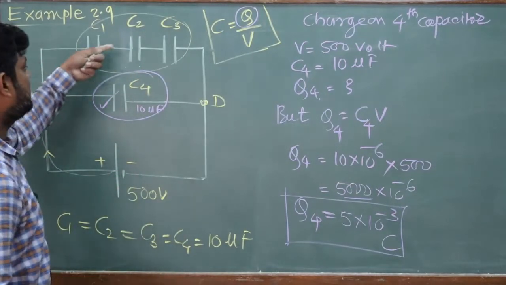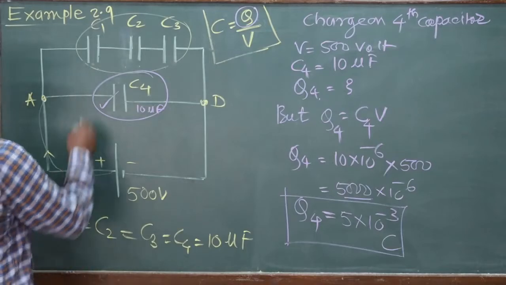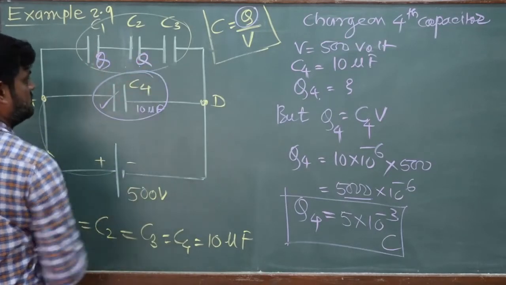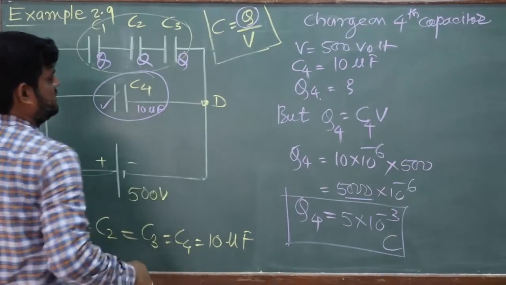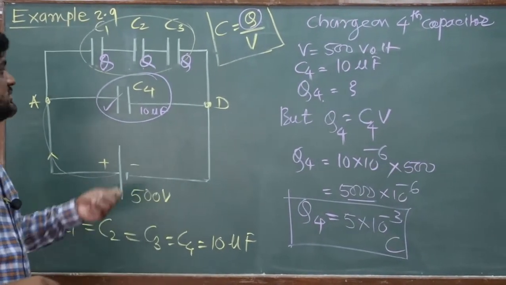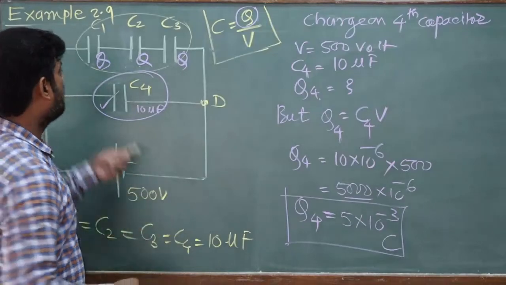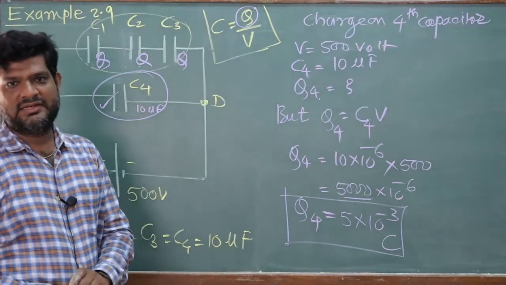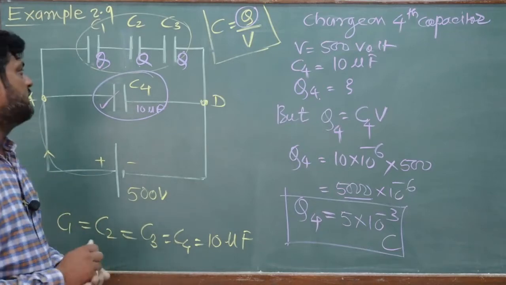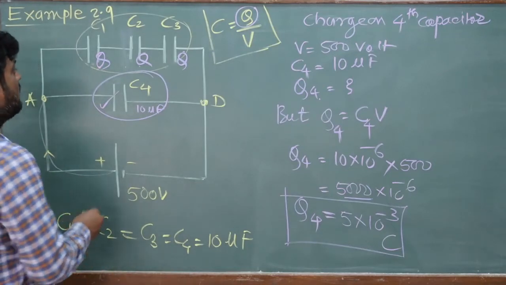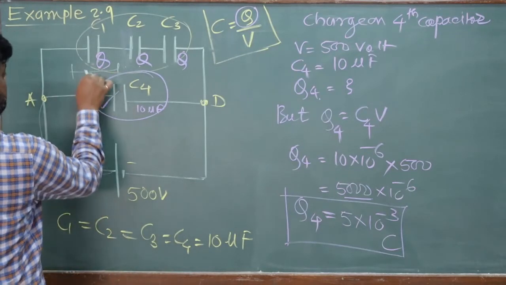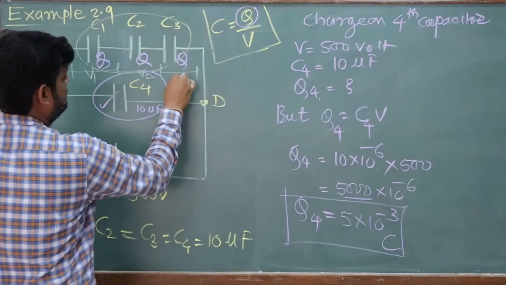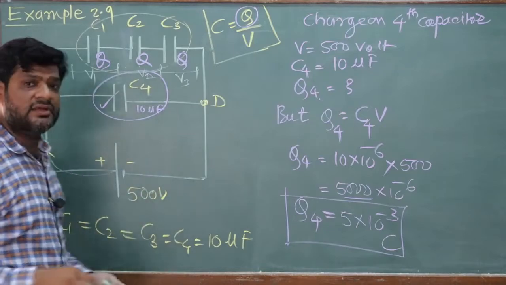Now suppose the charge on the first capacitor is Q. The charge on the second capacitor will also be Q, and the charge on the third capacitor will also be Q. Why? Charge will not divide because the three capacitors are in series. So what is the voltage drop across the first capacitor? V1. Across the second capacitor, V2. Across the third capacitor, V3.